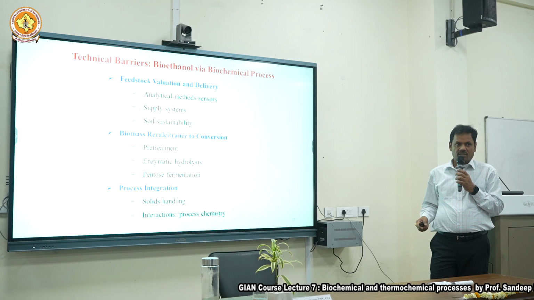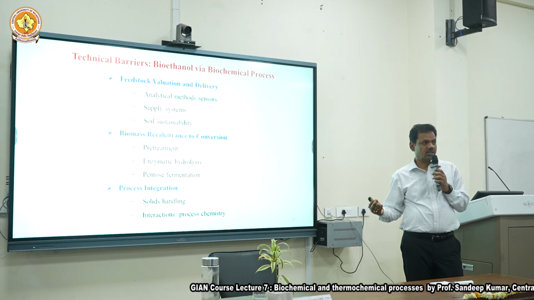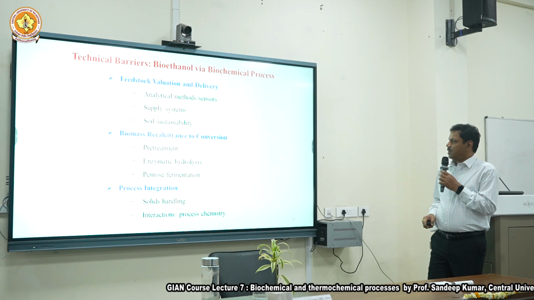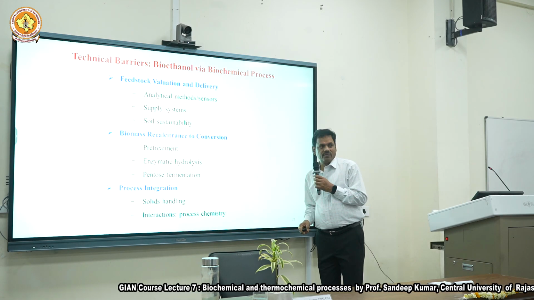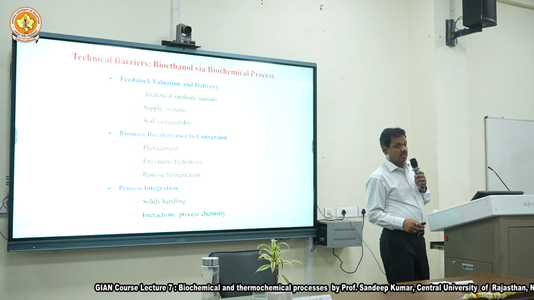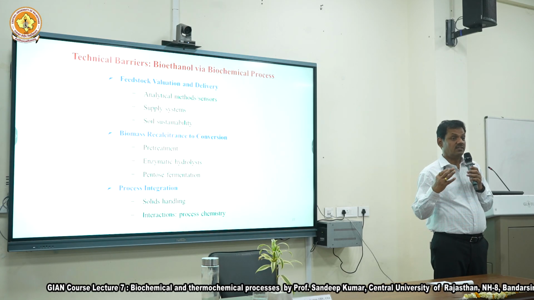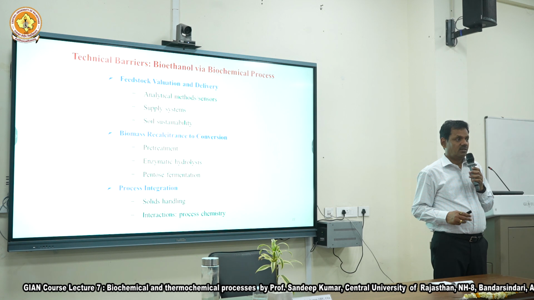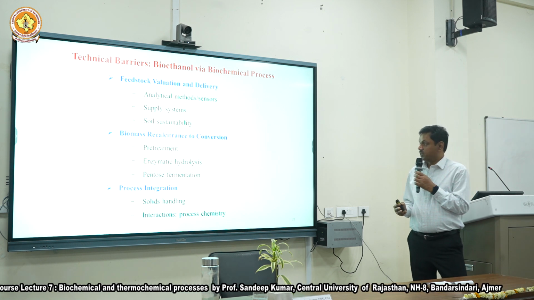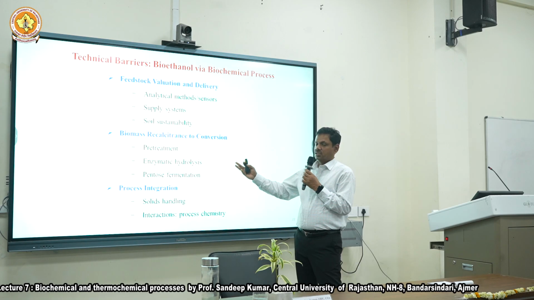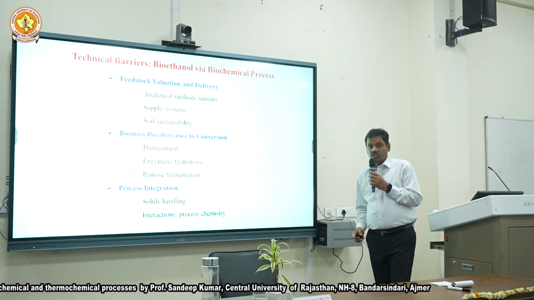Soil sustainability: if we grow a dedicated crop, how sustainable would it be? Biomass recalcitrance to conversion. Recalcitrance means it is difficult to reach the site, it does not want to change. For that we break it down using chemicals, and that's pre-treatment. Then hydrolysis and fermentation, how easily we can do them. Process integration.